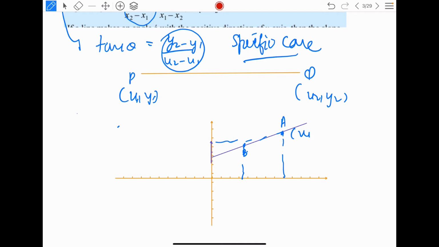This I will take as x1 y1, this I will take as x2 y2. And the slope will be y2 minus y1 upon x2 minus x1.